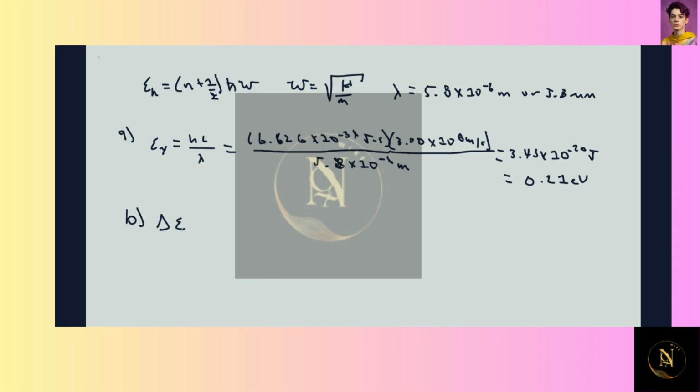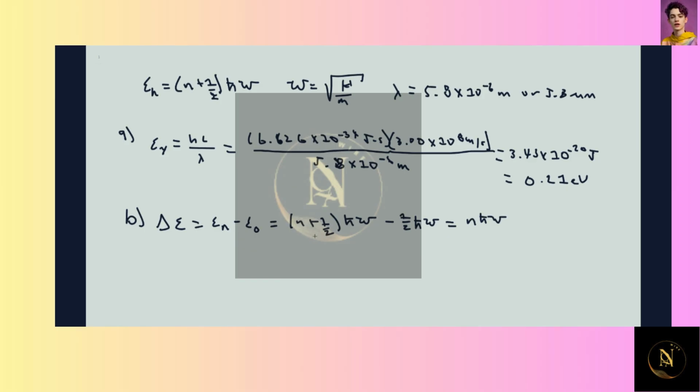The delta E, the energy of a transition in a harmonic oscillator from the ground state, is given by E sub n minus E sub 0, which is equal to (n plus 1/2) h bar omega minus 1/2 h bar omega, which is just equal to n h bar omega.